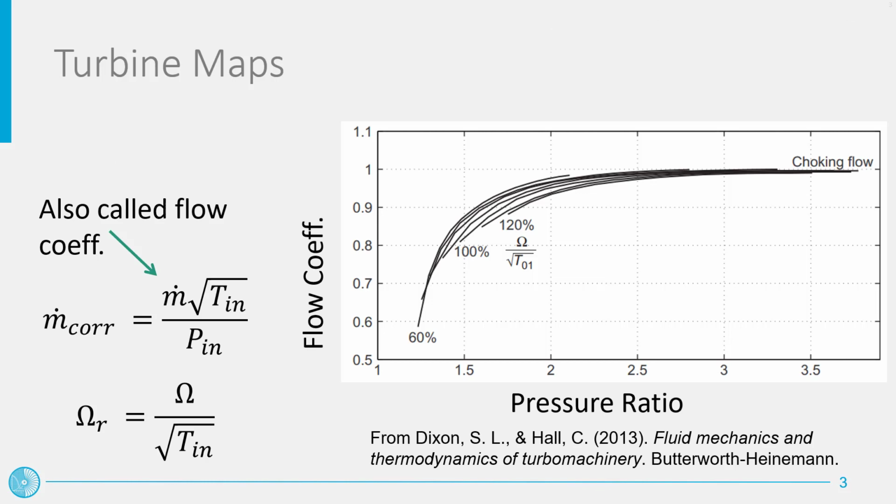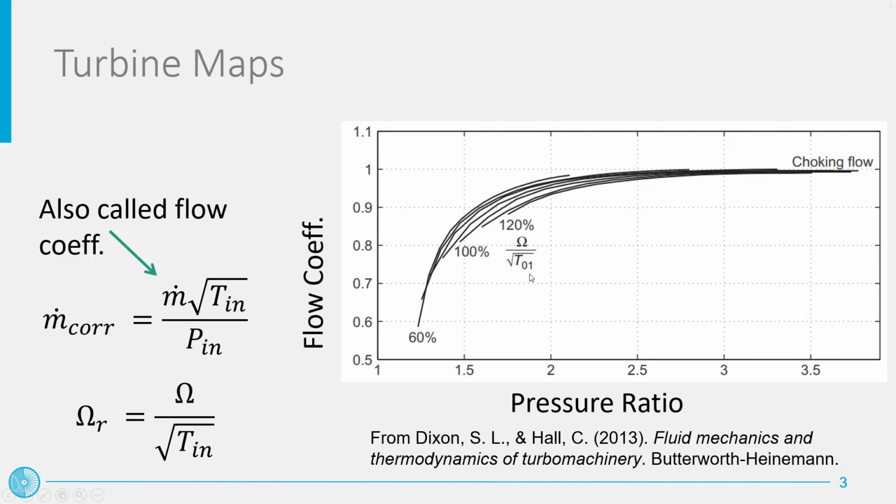The characteristic curves of turbines are usually reported in charts which have on the vertical axis the corrected flow, also called flow coefficient, while the pressure ratio on the horizontal axis. Different characteristic curves do exist, depending on the corrected or specific rotational speed of the turbine.